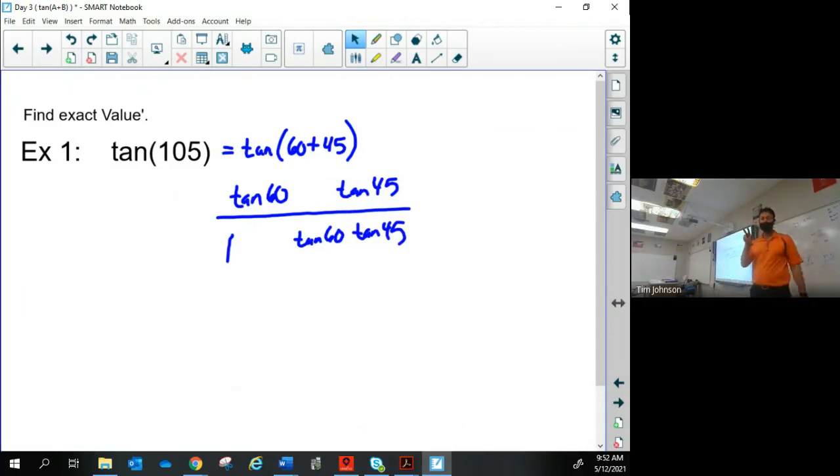It's add or subtract the tangents on the top and multiply them on the bottom after you take one minus or plus that. Jameson, what are we going to have on the top? Is it going to be tangent of 60 plus 45, or is it going to be tangent of 60 minus 45 on the top? Mr. Jameson, you out there?